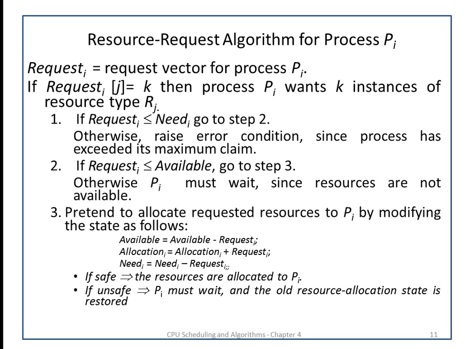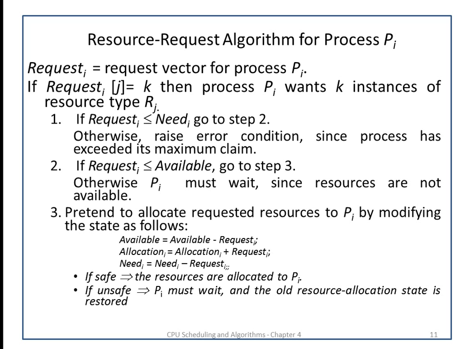So these three variables' values will get updated, and we will check whether this allocation of the particular resource to the process Pi keeps the system in a safe state or not, using our safety algorithm. If it keeps the system in the safe state, only then will we assign this particular request to the process Pi.